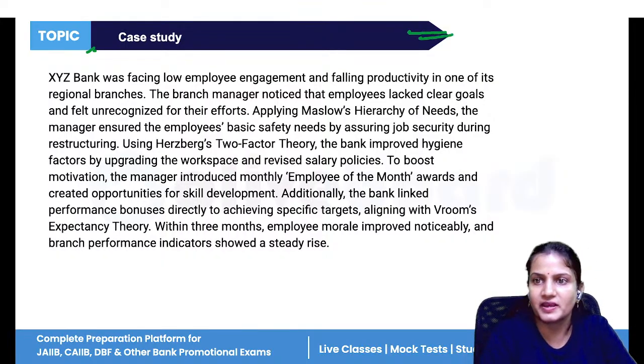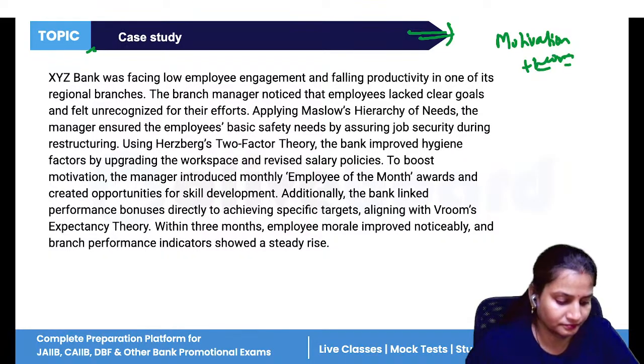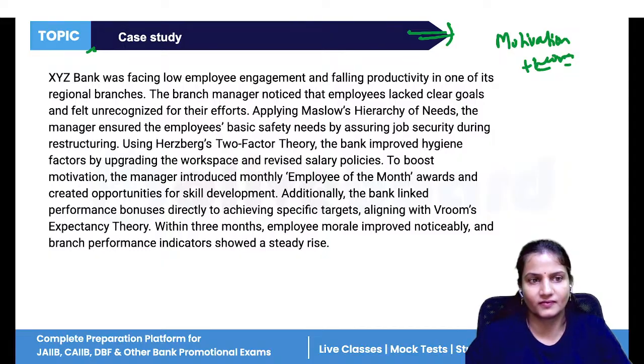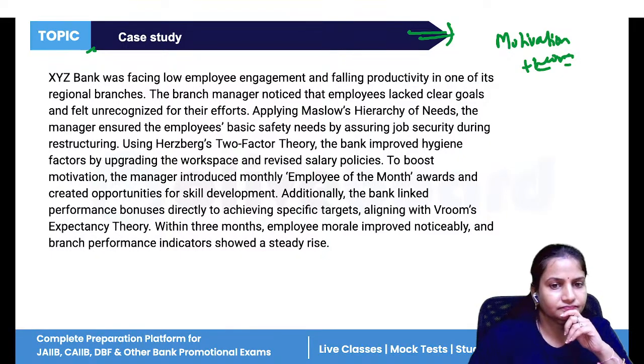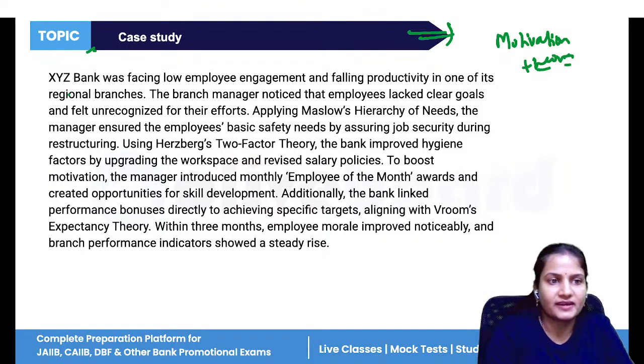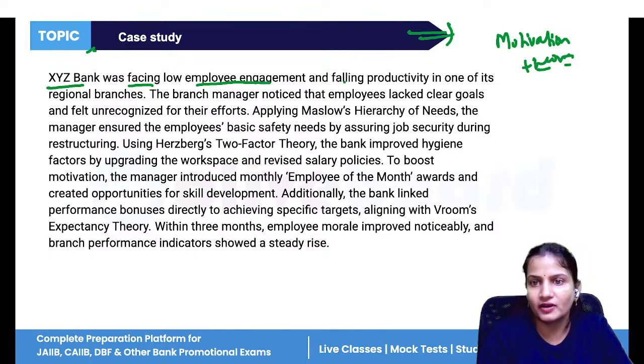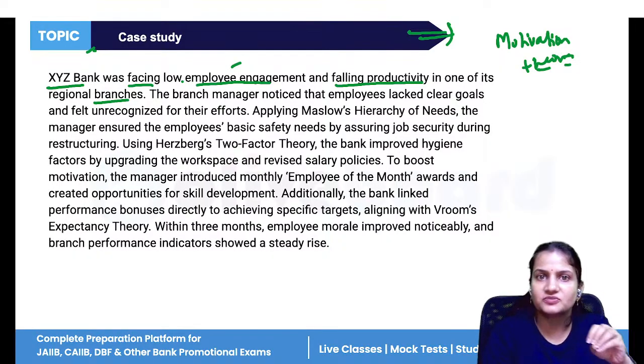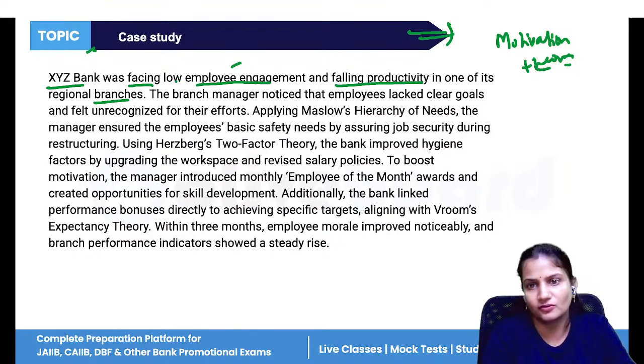The next case study was based on some motivation stories. XYZ Bank was facing low employee engagement and falling productivity in its regional branches. If low engagement is there, then ultimately productivity will also be very low.